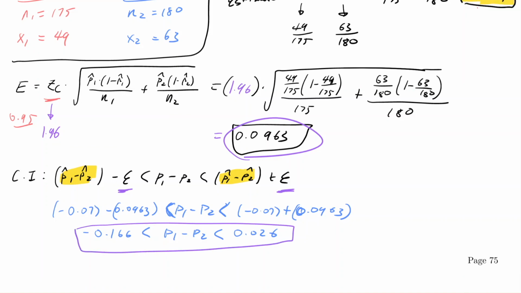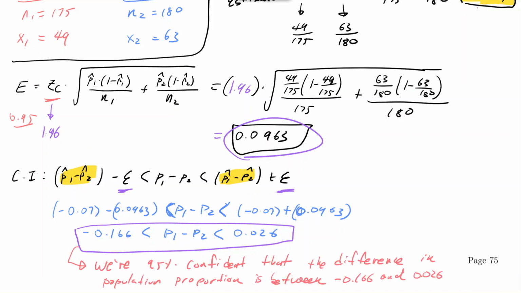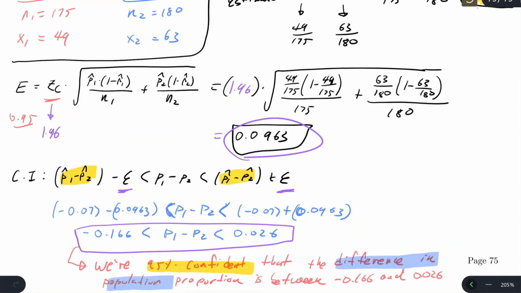Again, it's important to know what the meaning is. So let me write down the meaning here. This means we're 95% confident that the difference in population proportion is between these two numbers, lower bound and upper bound. We're 95% confident that the difference, in the context of this problem, is the proportion of having a dream with feelings of anxiety, fear, aggression.